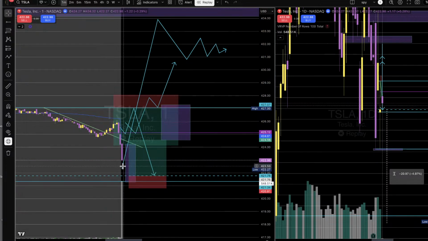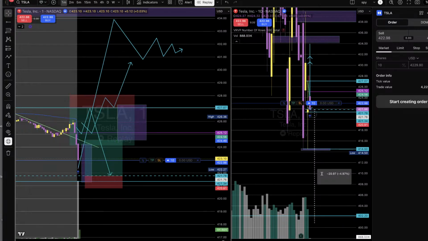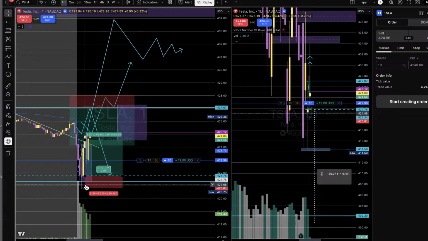So we buy. So buy here. So let's buy. Just one. And then boom. Oof. It retested.